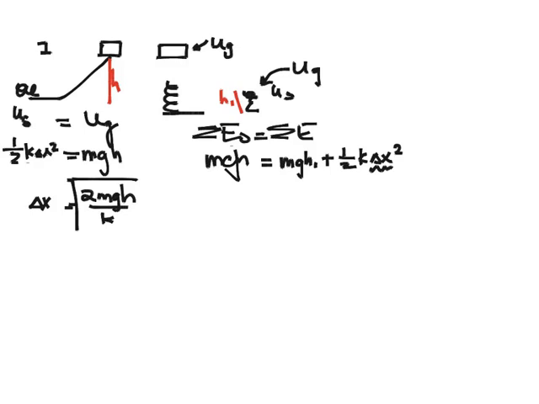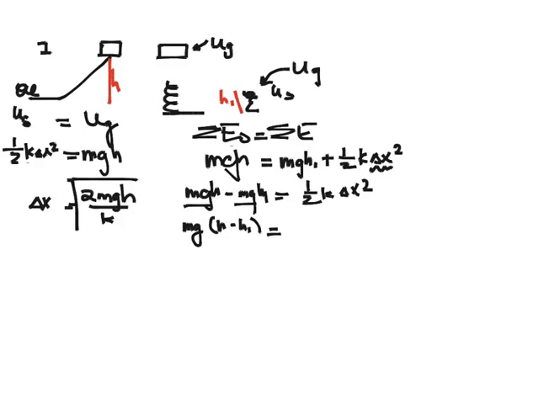So I can subtract mgh1 from both sides, so I have mgh minus mgh1 equals 1/2 k delta x squared. I'm going to factor out the mg's, and so I have mg(h minus h1).